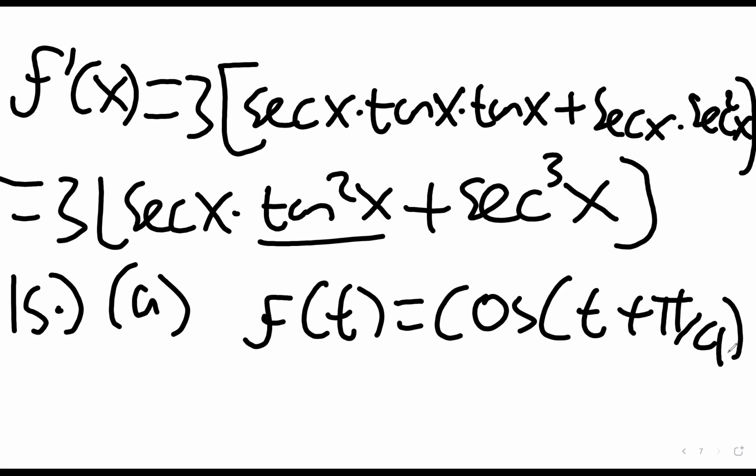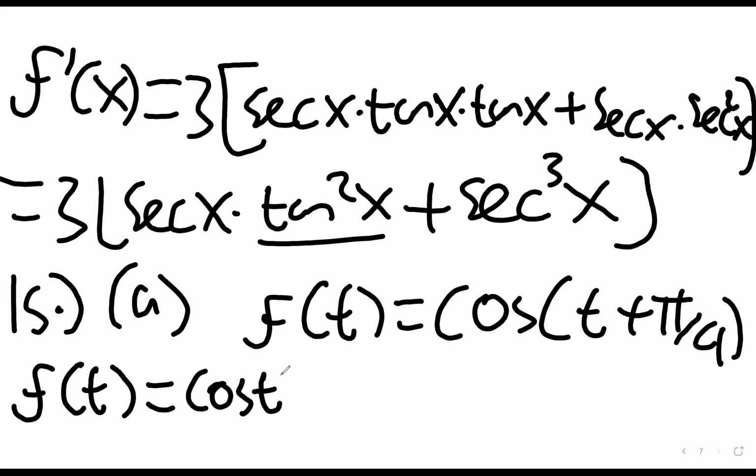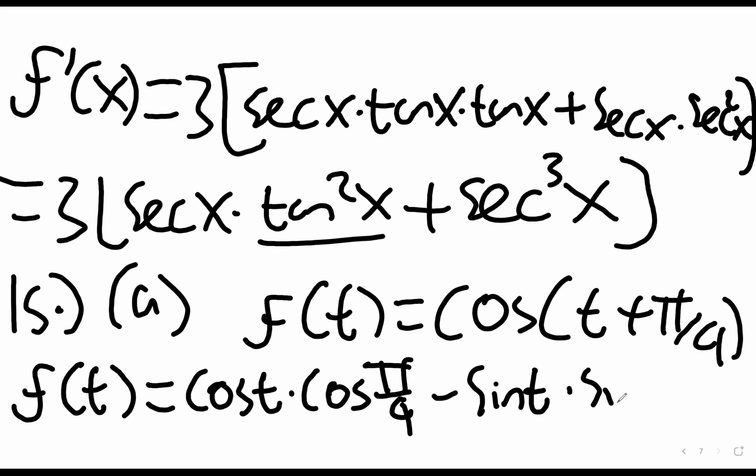So the idea is that we want to use the trigonometric identity to find its derivative. First, let us apply the trigonometric identity, namely the cosine of the sum of two angles. Of course, I have cosine t multiplied by cosine pi over 4, and then minus sine t multiplied by sine pi over 4.